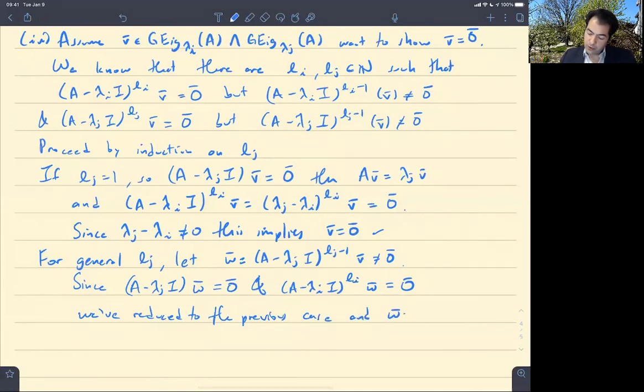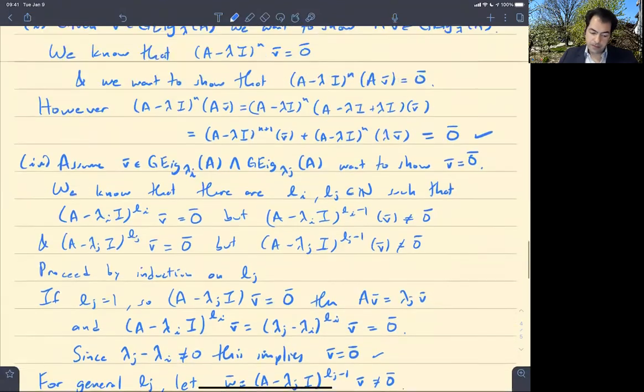And we can conclude that W is equal to 0, by the case Lj equal to 1. But that's a contradiction, because we had said that W was not equal to 0. All right, so that finishes the proof of property 2, part 2 of the theorem.